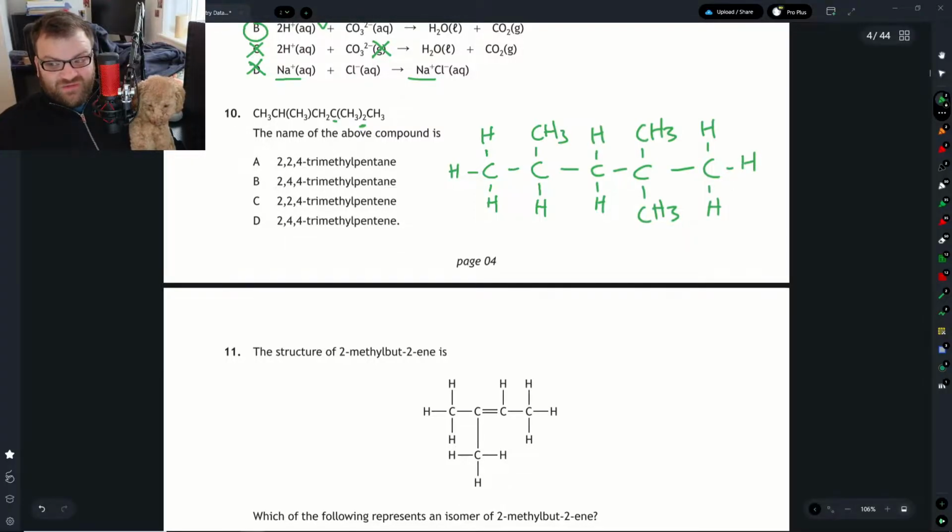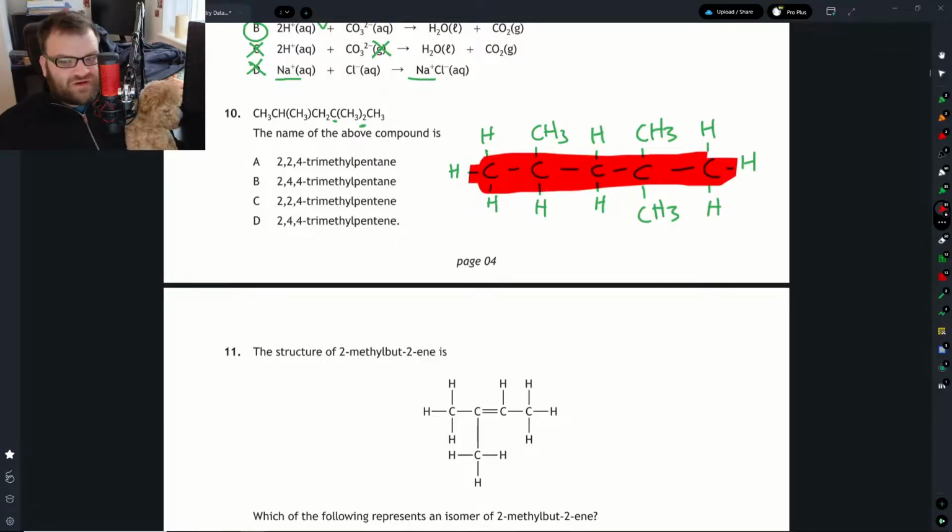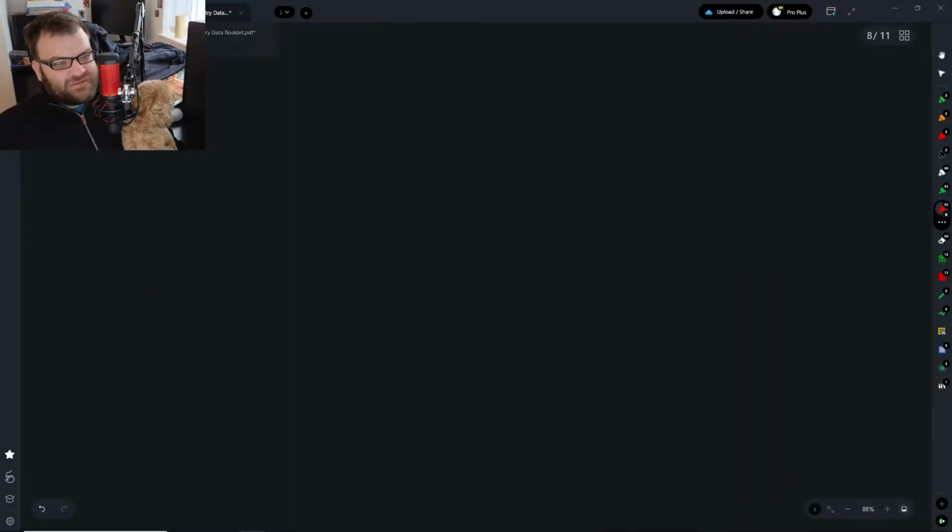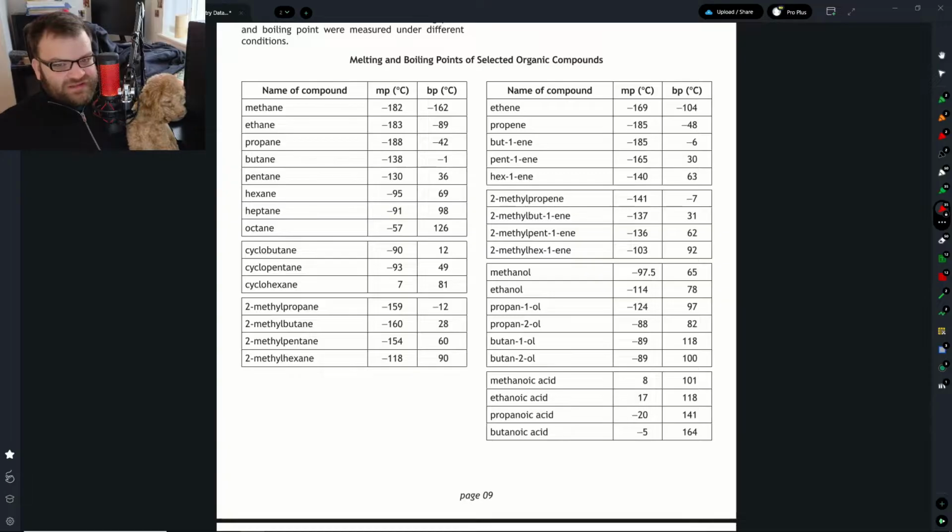This, to me, will be easier to name rather than looking at the shortened formula. First thing to do, what is the longest chain of carbons? Straight through the middle. 5 carbons would give us the beginning of pent. It has single bonds between the carbons. It's going to be pentane. Page 9 has a list of the different chemicals we can find out.